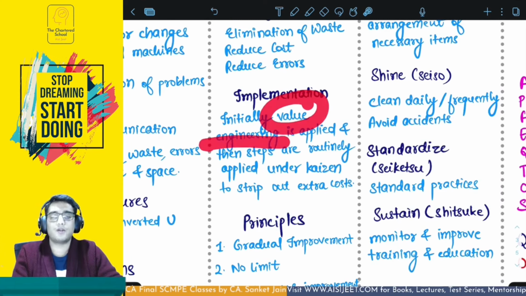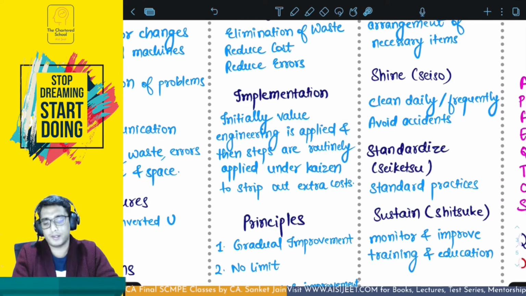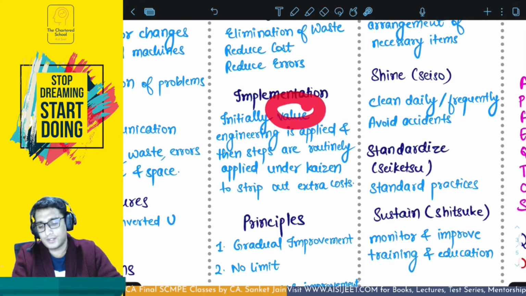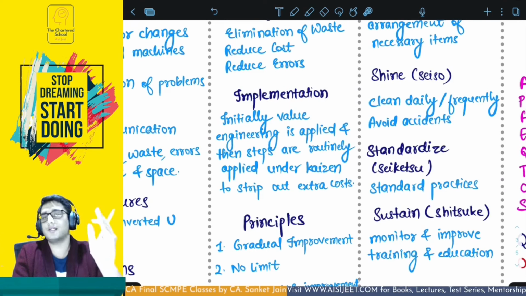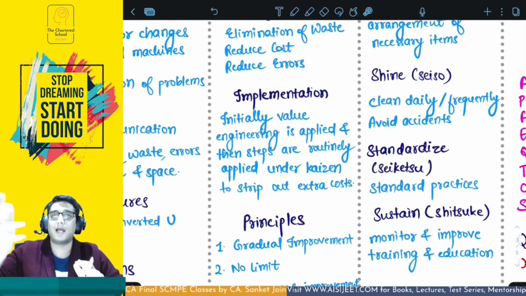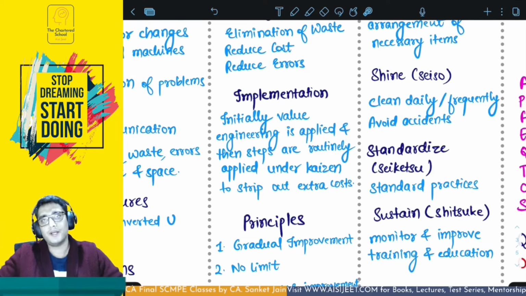Whenever you try to create a new product, what you do is you look at certain steps and you ask certain questions so that you can reduce the cost while designing the product and the process for production of that product. So initially the value engineering is done so that you can reduce the cost right at the designing stage, and then these steps are routinely applied under the Kaizen costing system, so that if there is any extra cost that might not have been uncovered by the application of value engineering, it would be stripped out by utilization of the Kaizen costing system.